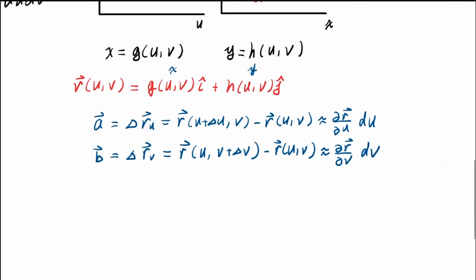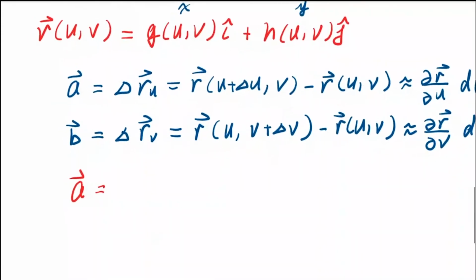Okay, so let me go back to A. I'm going to zoom in a little bit. A was this partial r over partial u, du. Let's compute what this thing is. We have a function here, right? We can compute it.